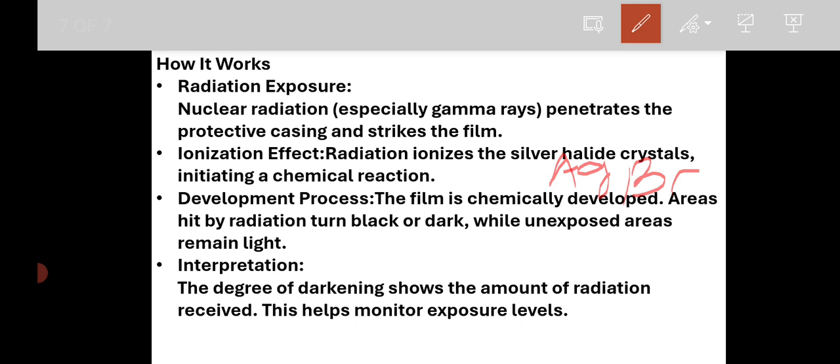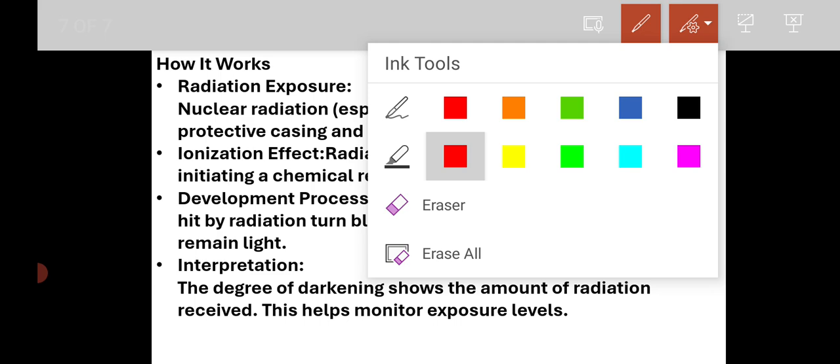Remember that halides are the compounds of the group 7 elements.